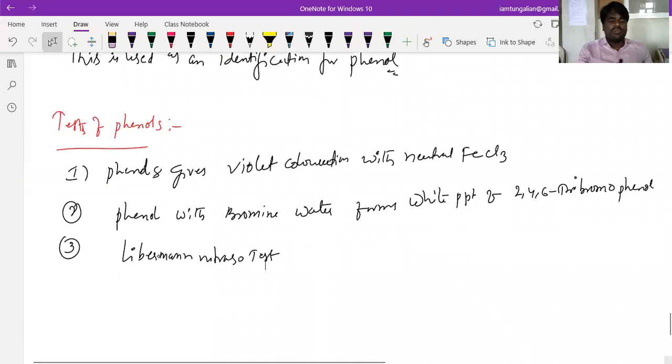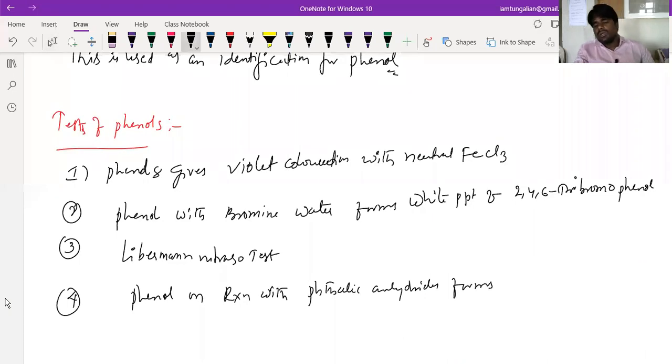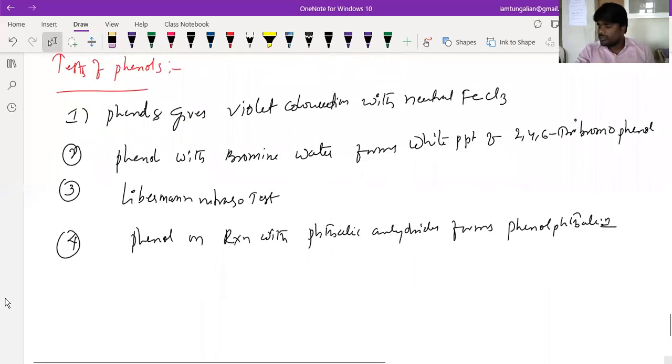And one more is that phenol on reaction with phthalic anhydride forms phenolphthalein, beta. Phenolphthalein. This is also used as an identification test. These are the identification tests of phenol.